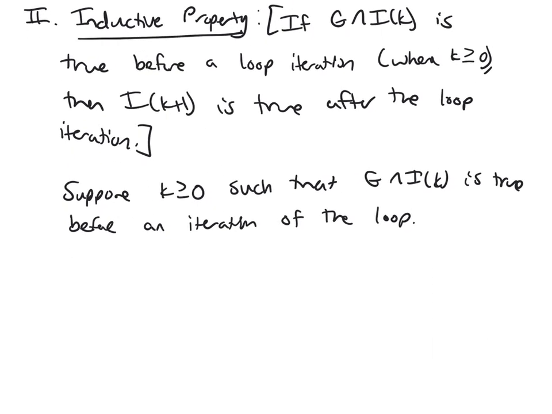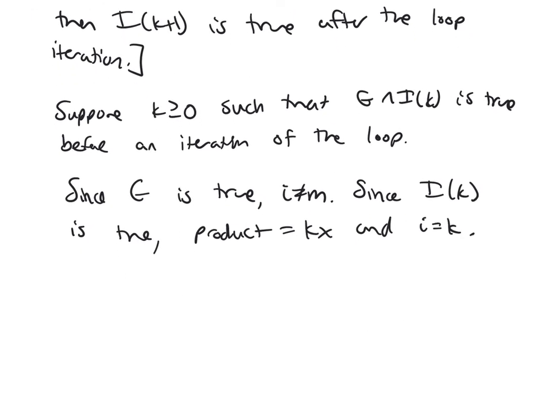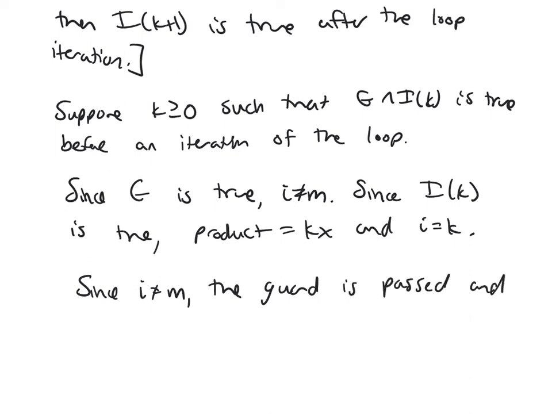Well, since G is true, I know that i is not equal to m, and also because I know Ik is true, I know that the product is equal to kx, and i is equal to k. So because i is not equal to m, we pass through our guard. The guard is passed, and we start executing the loop.